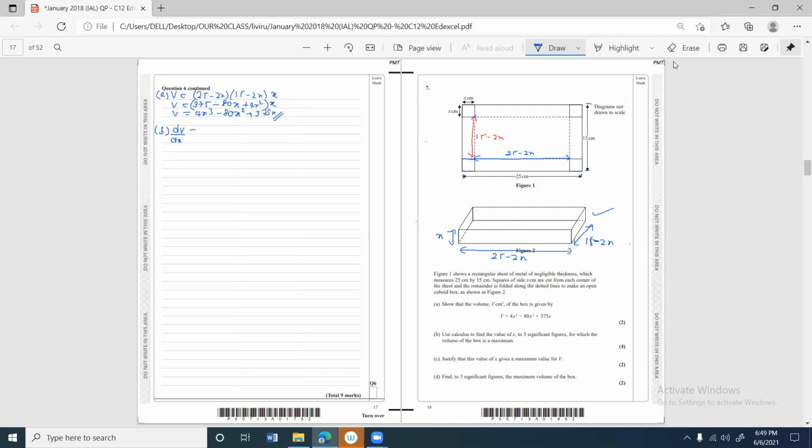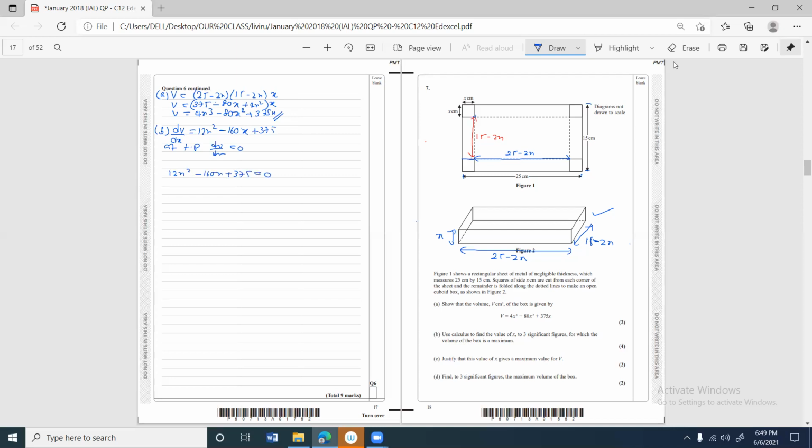Initially, we find the first differentiation: dV by dx is 12x squared minus 160x plus 375.